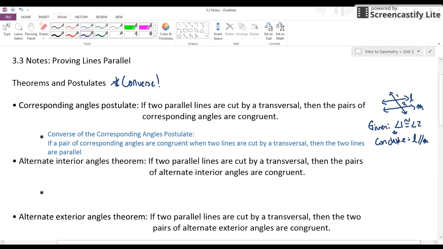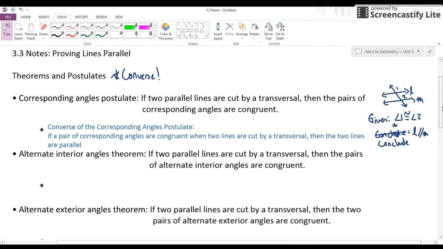I know that's not very clear. Let me just rewrite that. All right, so again, here we're not given the lines are parallel, but we can show that they are parallel using the converse of what we already know.